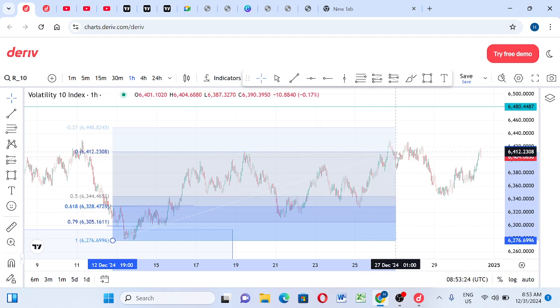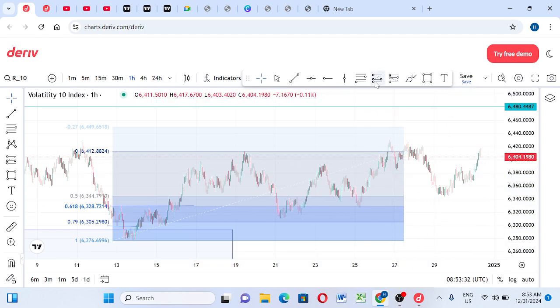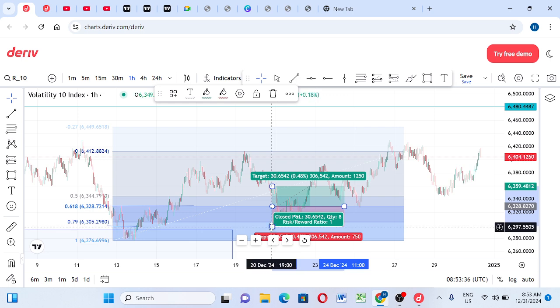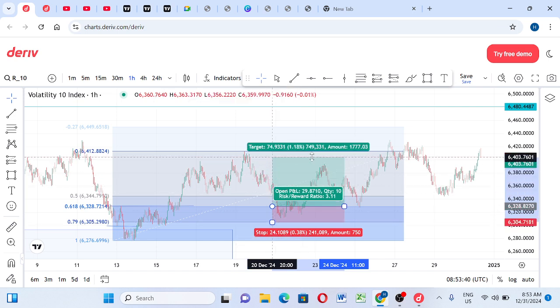So you can clearly see that price did its rally from the 0.618 level. It rallied into this point here.